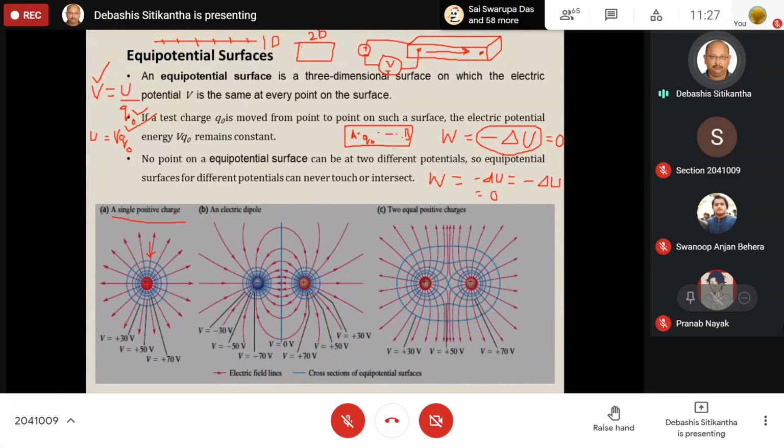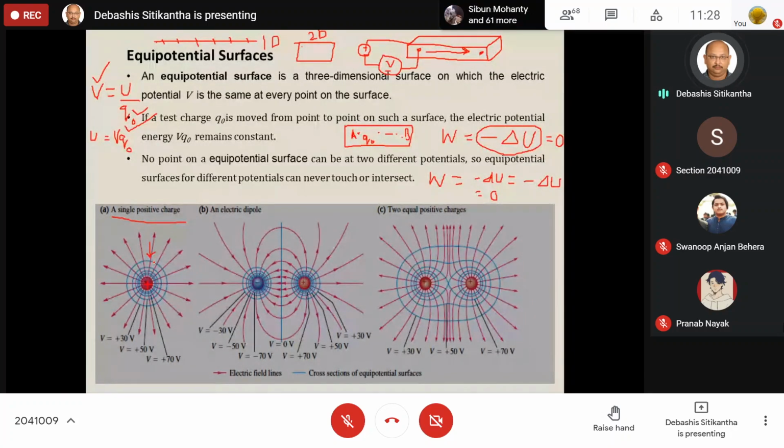Everywhere on this sphere the radius is going to be the same, and we all know that potential is given by the expression q by 4 pi epsilon 0 r. So q is constant, that is the magnitude of the source charge. 4 pi epsilon 0 again is constant, so the only variable one is r. For this particular sphere, the radius is the same. So everywhere the potential is going to be the same.